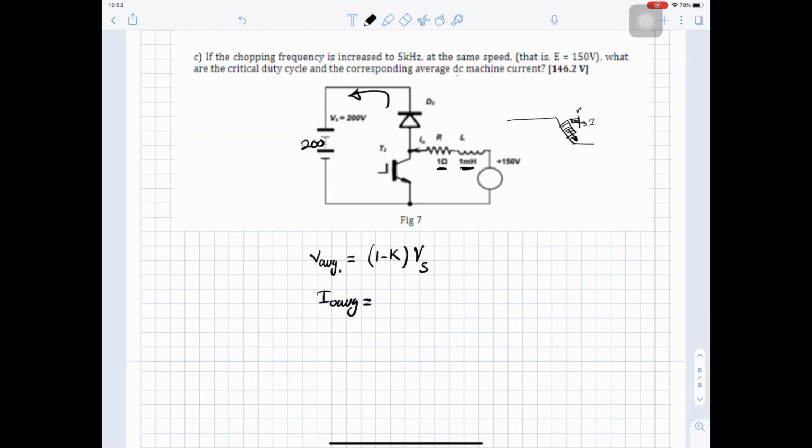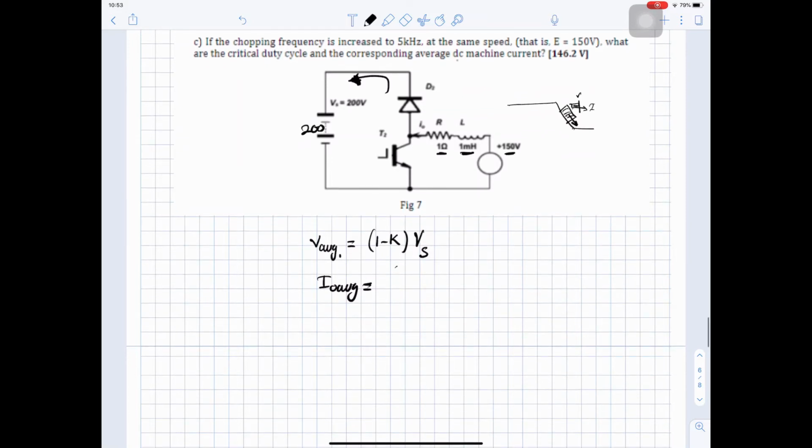If you define I average in this direction, going from E to V, it's E minus V average divided by R. If we define I average to be going in this direction, I average should be V average minus E over R. So pay attention how you define your current.